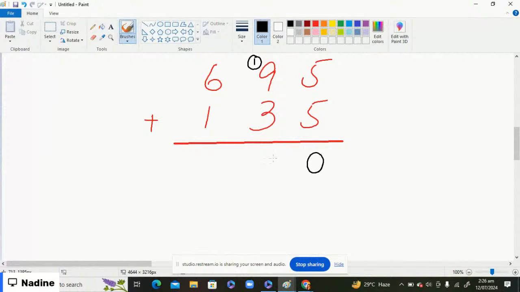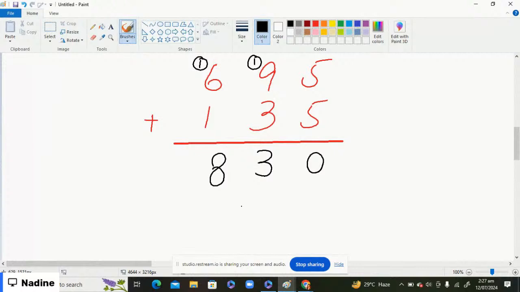So here you put 3 and 1 goes as a carry again. Now 1 plus 6 plus 1 is 8. So here it becomes 830. Very good. You all have the same answer, 830.